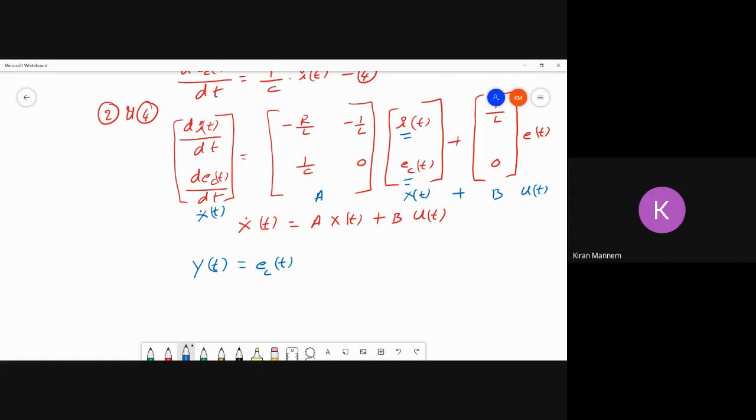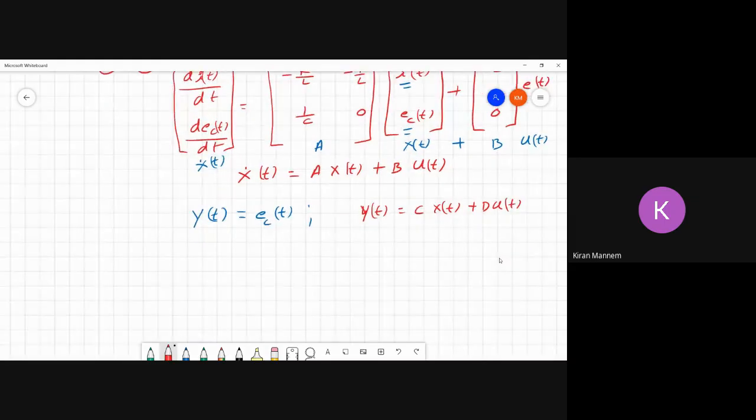Right. Now how do I represent this equation? Like y of t is equal to C into x of t plus D into u of t. Now what is x of t?